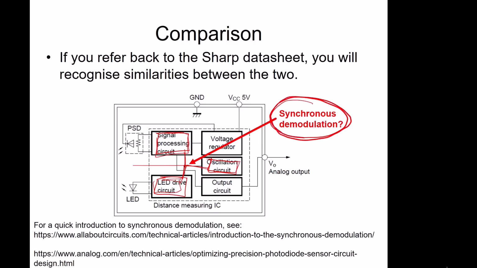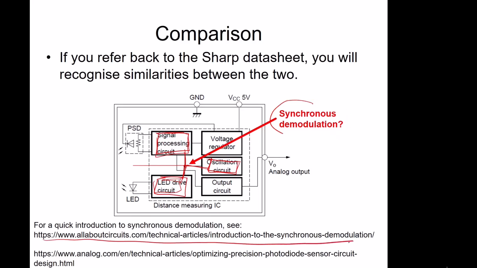But it's a very useful technique for sensors such as this, where you know what frequency you're driving at and you want to detect at that same frequency, and therefore you can use that frequency to then extract the signal you want. I won't go into details of synchronous demodulation, but there's a couple of references here that are worth a read that explain how it works.